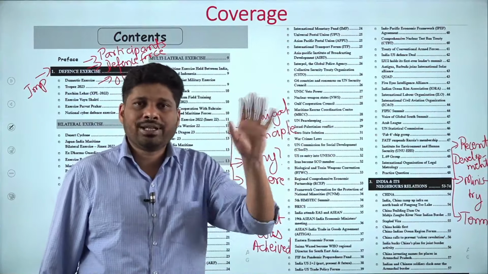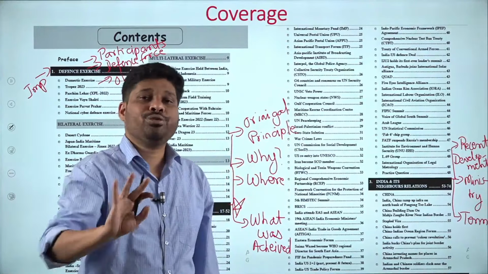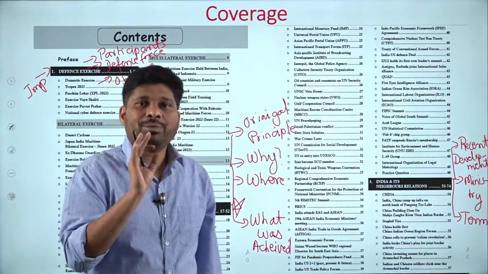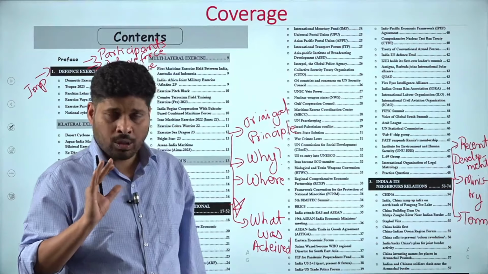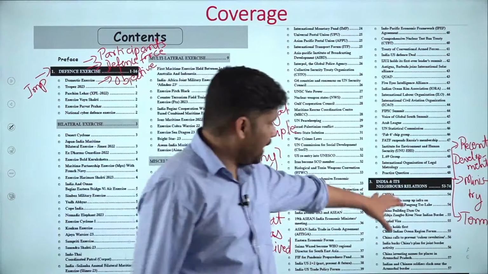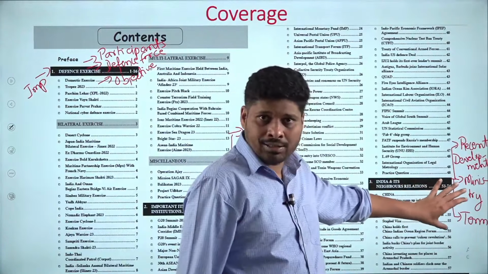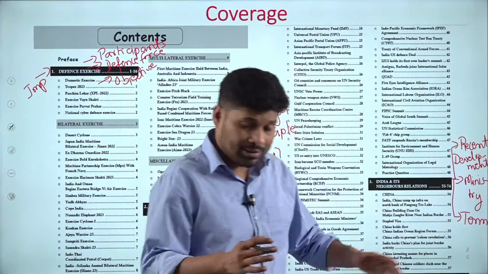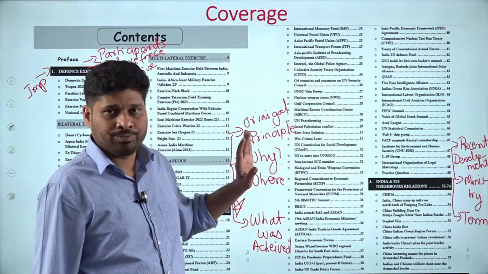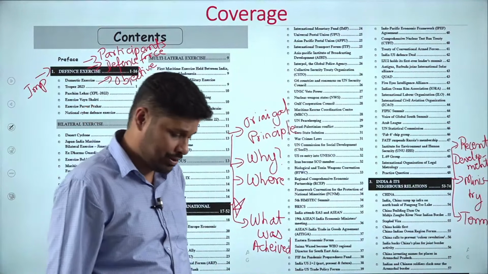You will always find the mention of LAC, so you should know what LAC is. It can be a good question from current affairs, and that information is provided in the thematic current affairs compiled by GS School.